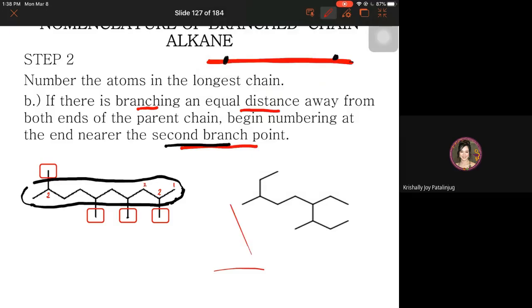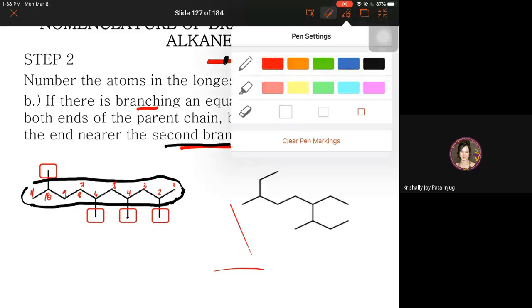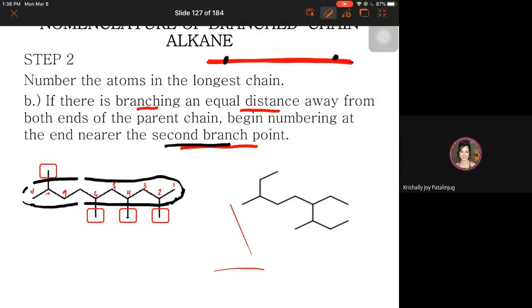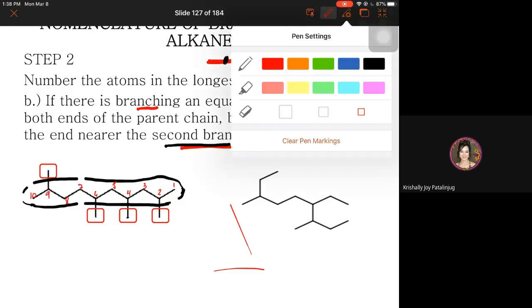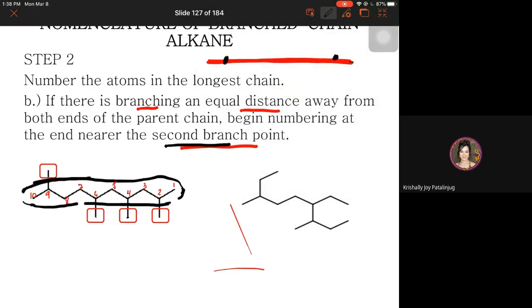Okay, so carbon 3, 4, 5, 6, 7, 8, 9, 10. Kadali lang. 10 lang yan. So, yan yung application ng case letter B sa step 2.